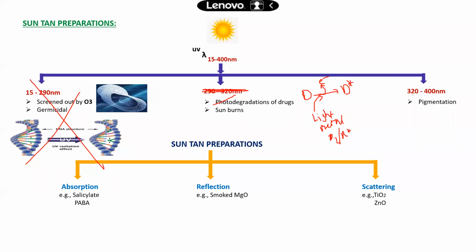If the oxidation takes place in presence of light, then that oxidation is called photo-oxidation. In presence of metal, that oxidation is called metal catalyzed oxidation, also called chain initiation.